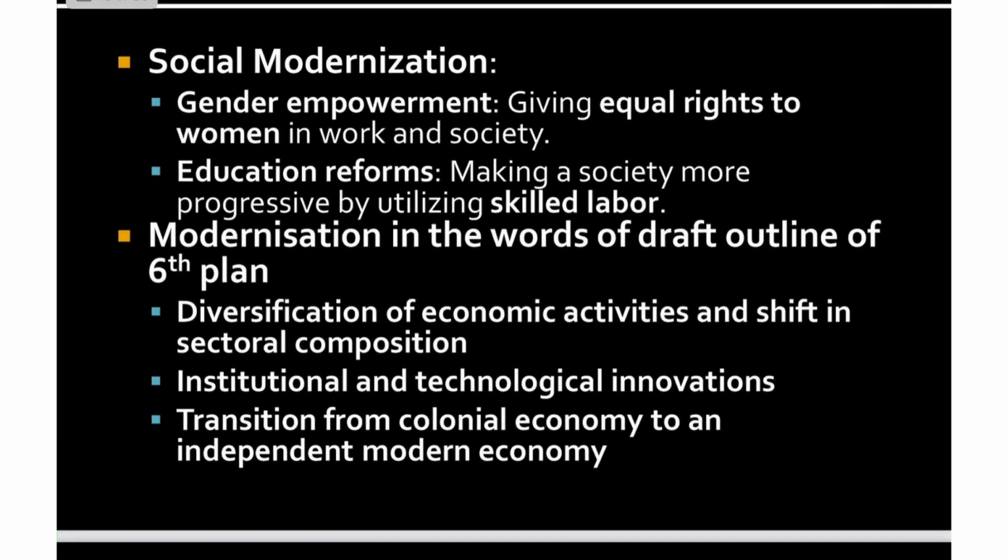Then social modernization means to empower all the genders and to reform education. So modernization, in the words of the draft outline of the 6th plan, is diversification of economic activity. Modernization means you're not just focused on one activity, right?